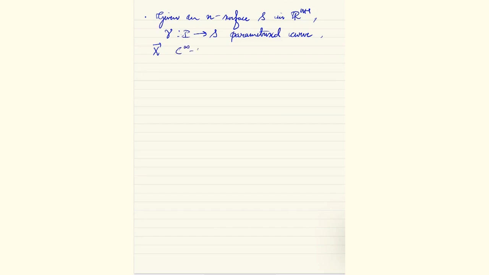So it's a smooth vector field tangent to the surface along the curve. So this you call Levi-Civita parallel.